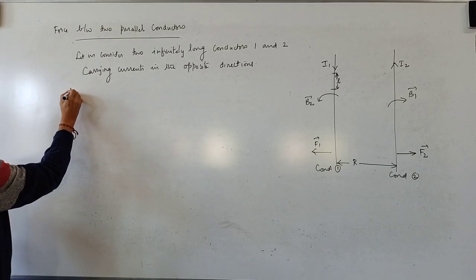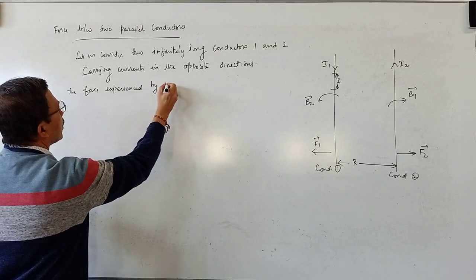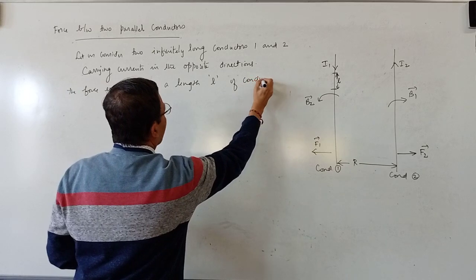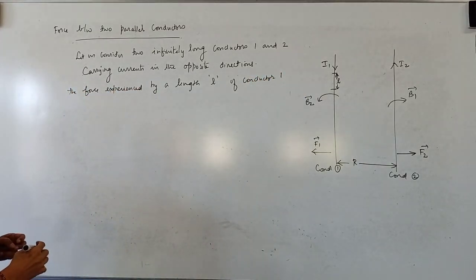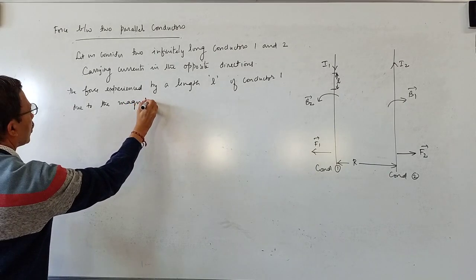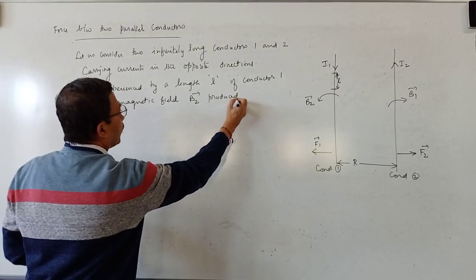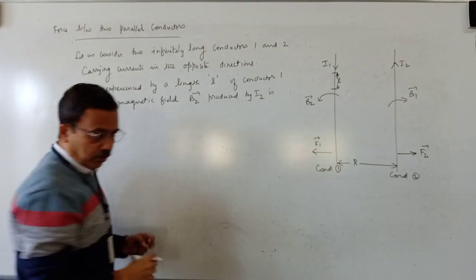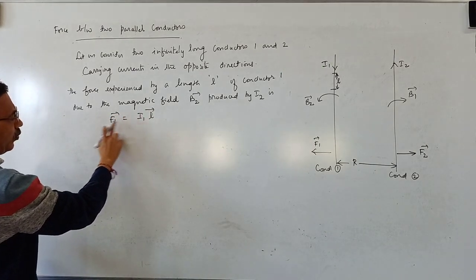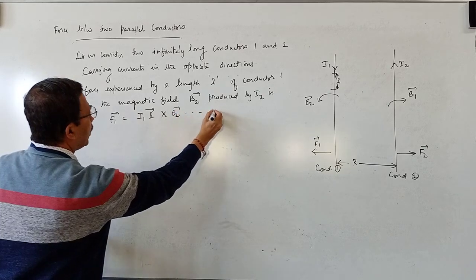The force experienced by a length L of conductor 1 due to the magnetic field vector B2 produced by I2 is vector F1 equals I1 L cross vector B2, so many newtons.